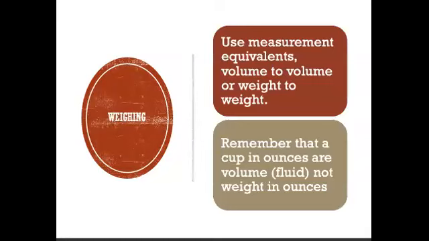Weighing. Use measurement equivalents, volume to volume or weight to weight. I'm going to repeat that because a lot of times, many of us make that mistake, right? Remember that a cup in ounces are volume, fluid, not weight in ounces. So don't assume that because a cup is 8 ounces, a cup of oil is 8 ounces.